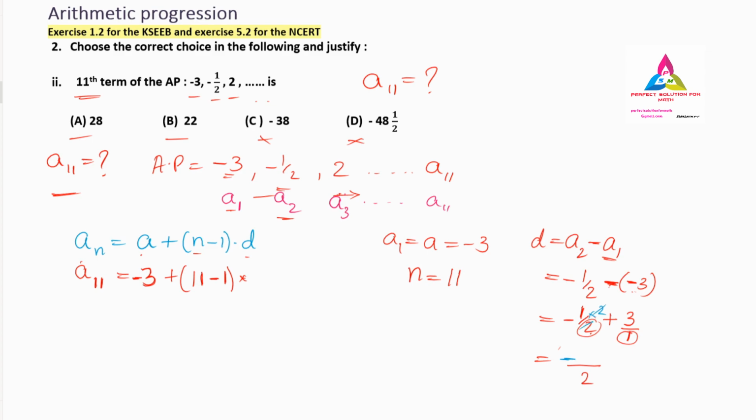Remaining is minus 1. Next is plus. The same LCM we have to multiply over here also, so 1 and 2 will not cancel. So 2 into 3 is 6.